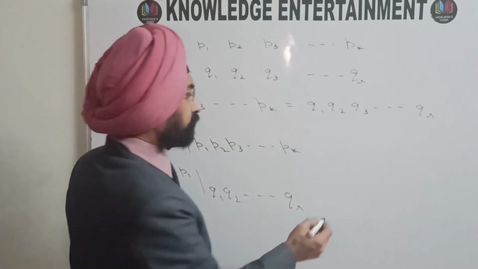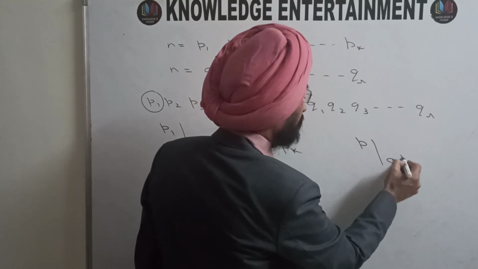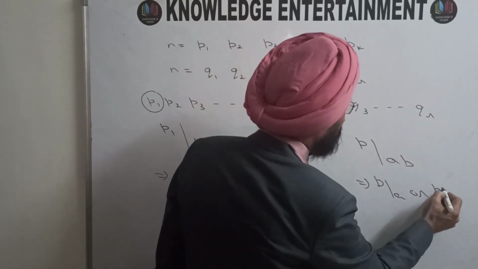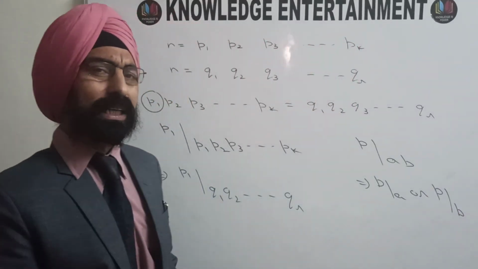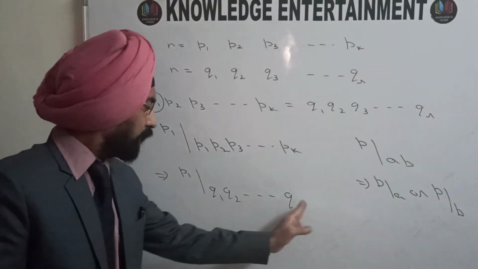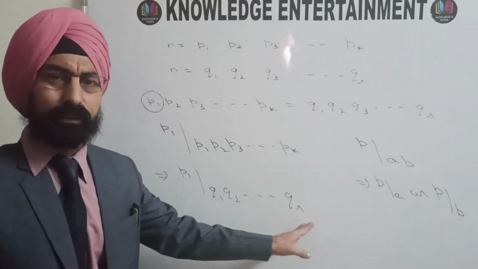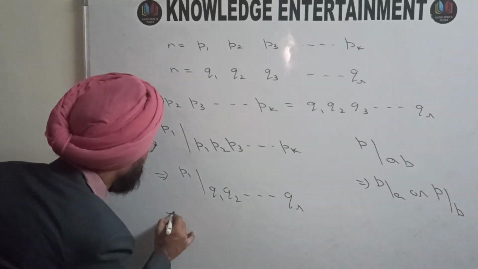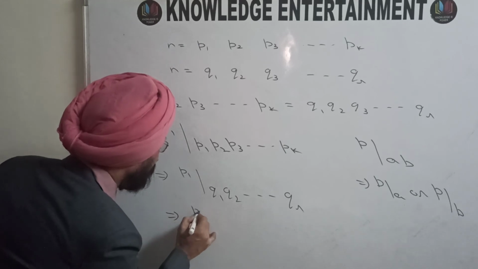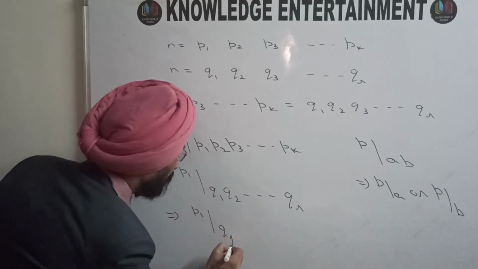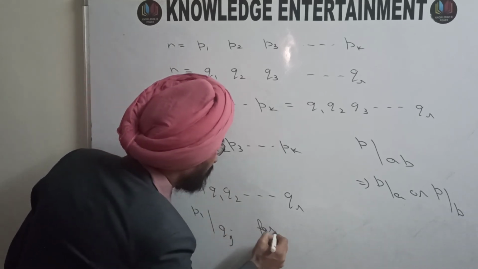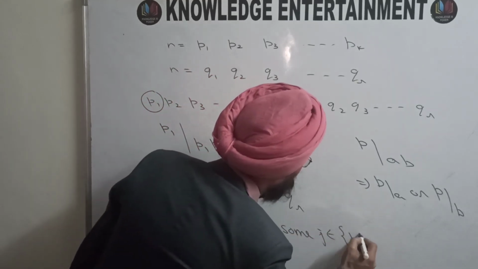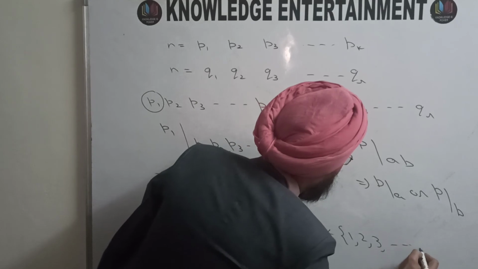And we know that if p divides ab, then p divides a or p divides b. So if p1 divides the product of these r prime numbers, then p1 must divide at least one of these. So p1 divides qj for some j belonging to the set 1, 2, 3 up to r.